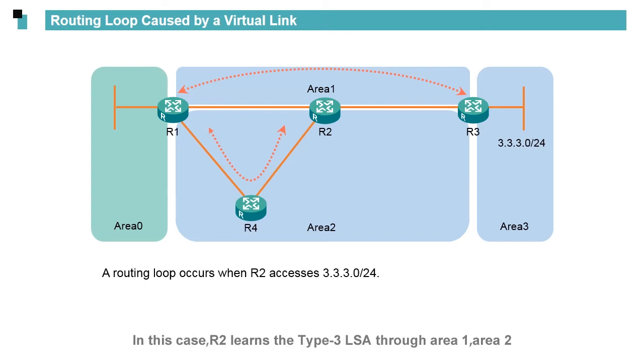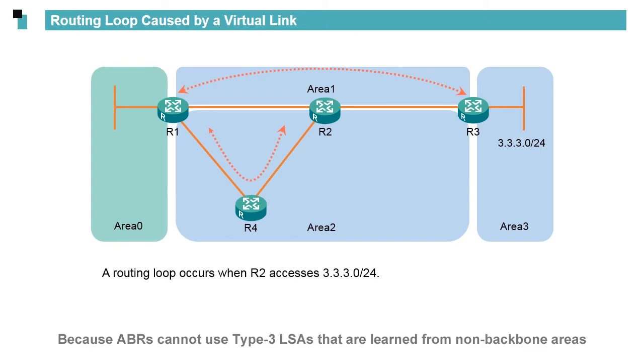In this case, R2 learns the Type 3 LSA through Area 1, Area 2, and its connected virtual link. Because ABRs cannot use Type 3 LSAs that are learned from non-backbone areas, R2 can use only the Type 3 LSA sent by R1 through the virtual link.